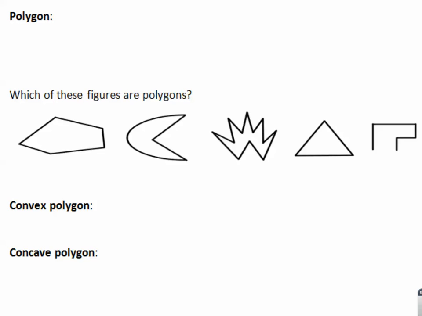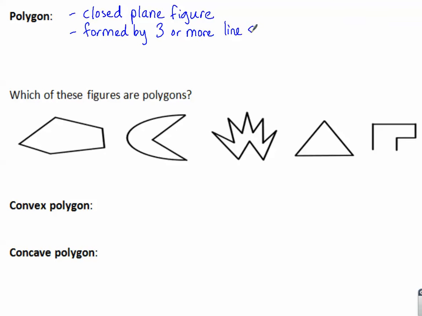A polygon, some notes to know about it, is a closed plane figure. It is formed by 3 or more line segments, and these line segments are called the sides of the polygon.